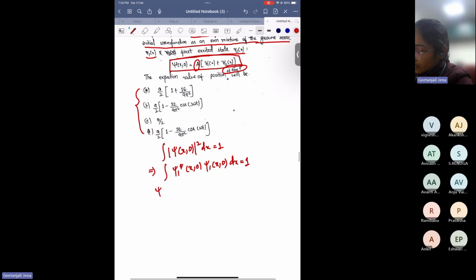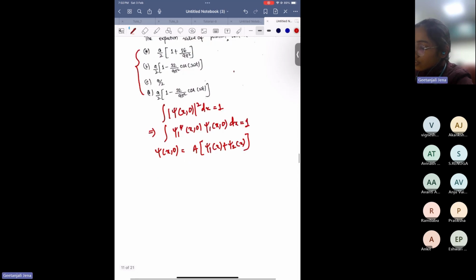Now psi of x0 is given to you, which is A times psi1x plus psi2x. So now psi star x0 is nothing but A star times psi1 star x plus psi2 star x.